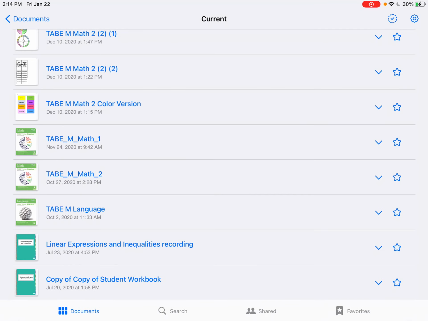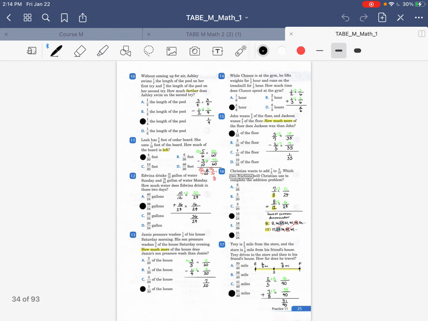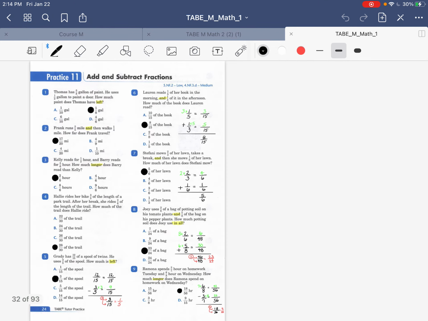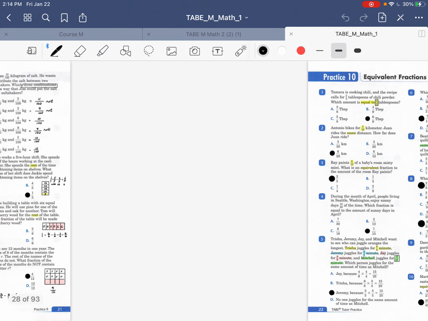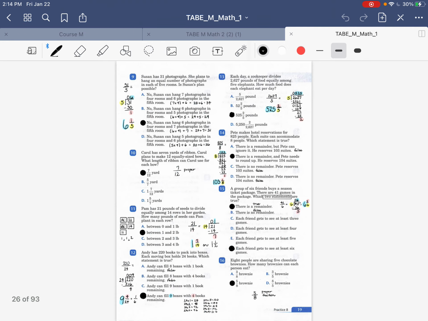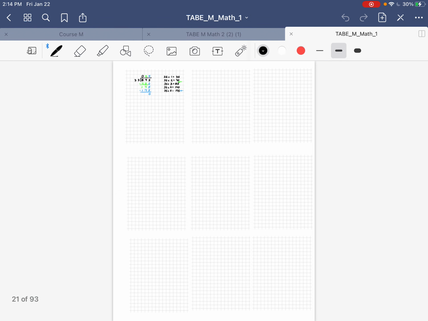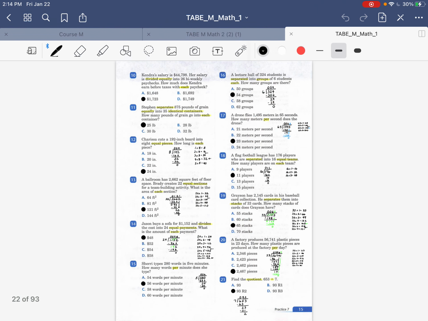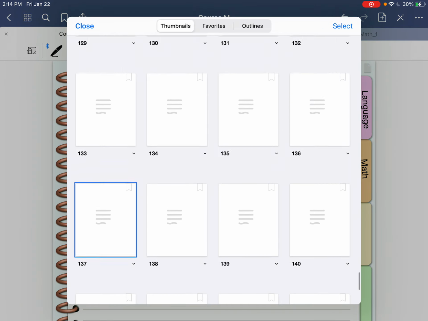Normally you don't see this part of my workbook, but do you remember when we talked about common denominators? If you took the first course with me, and I'm sorry to be flipping through on you here.